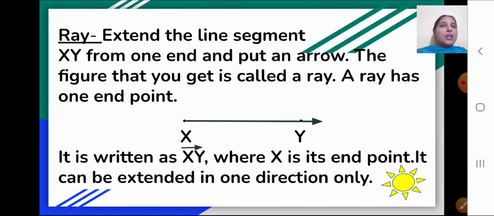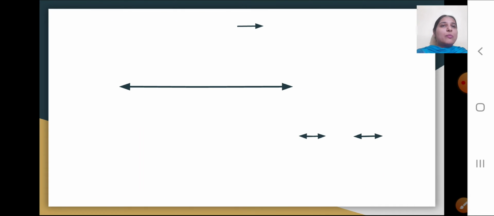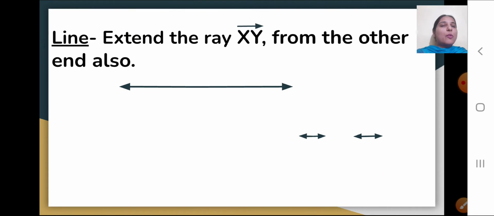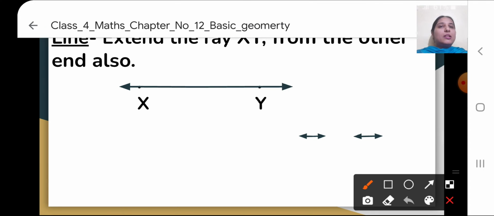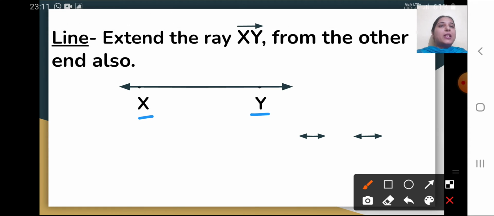Now suppose we extend the ray XY from both sides, from the other side also. The figure obtained is called a line. You can see here X and Y extended on both sides.